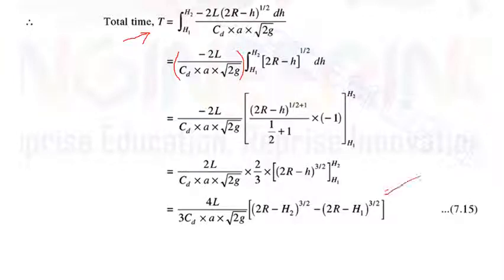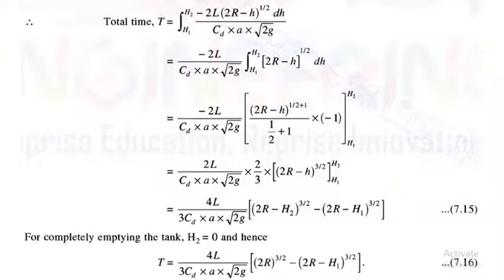Simplifying this, we get 4L divided by 3 CD into a into square root of 2g, into (2R minus h2) raised to 3 by 2 minus (2R minus h1) raised to 3 by 2.